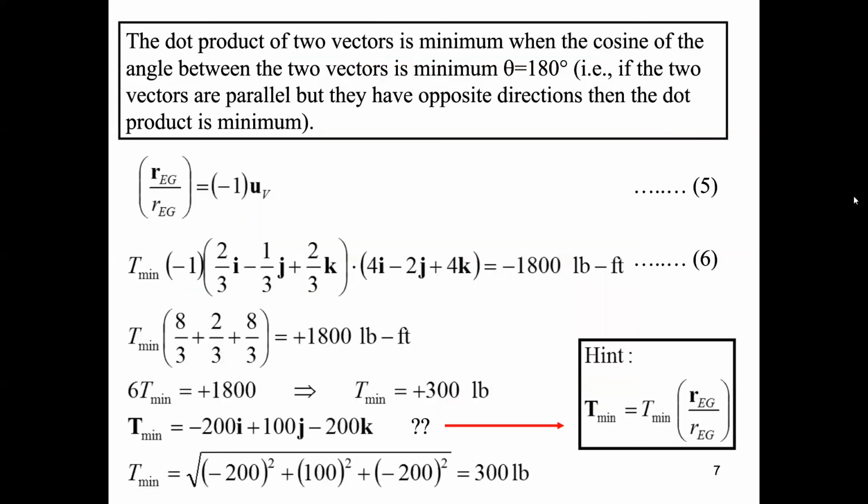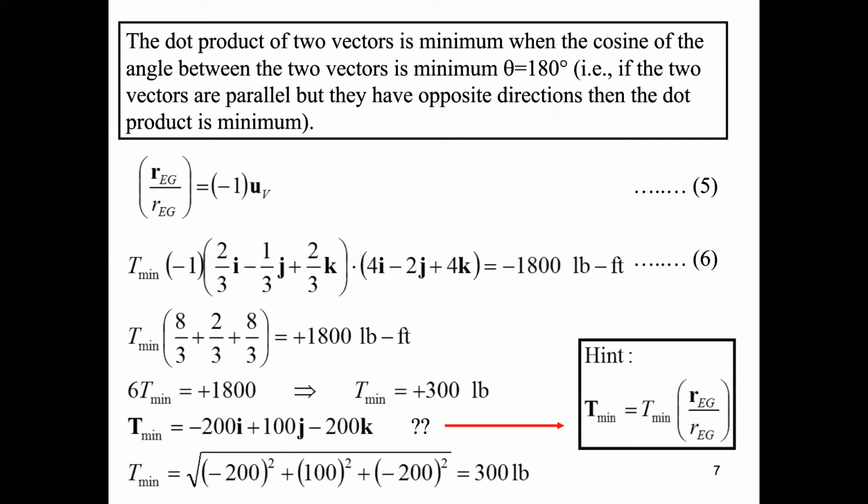The students should know that the dot product of two vectors is minimum when the cosine of the angle between the two vectors is minimum, or theta equals 180 degrees. In other words, if the two vectors are parallel but they have opposite directions, then the dot product is minimum. What do I mean by this statement?